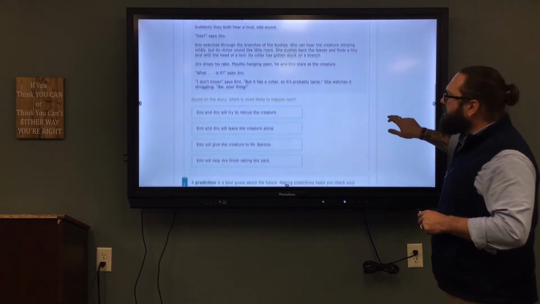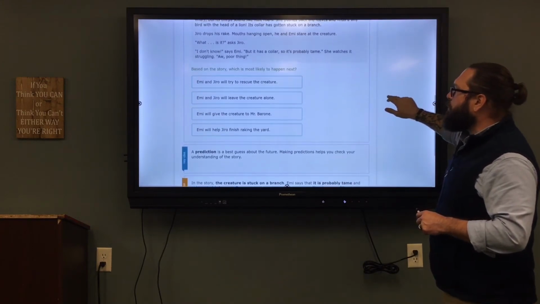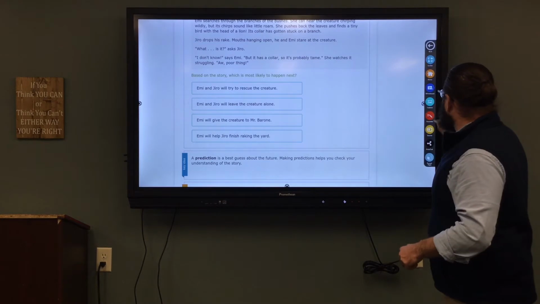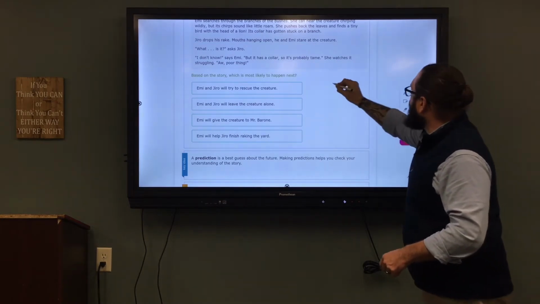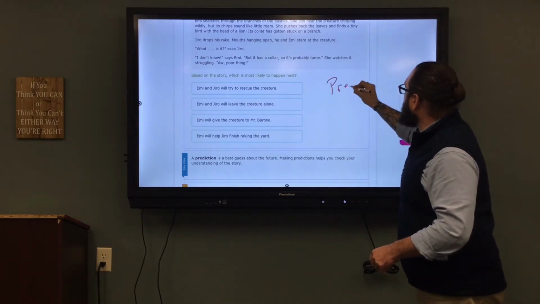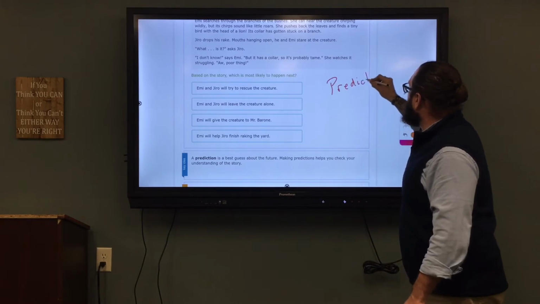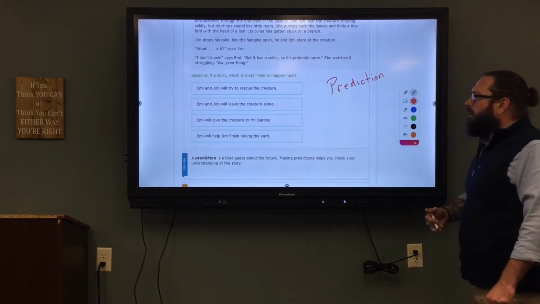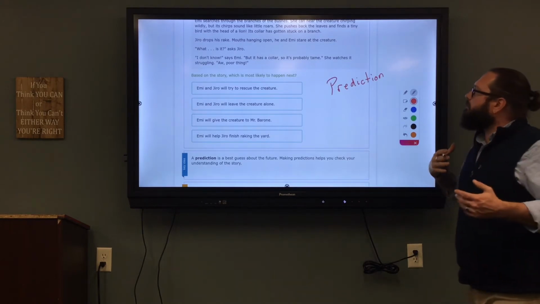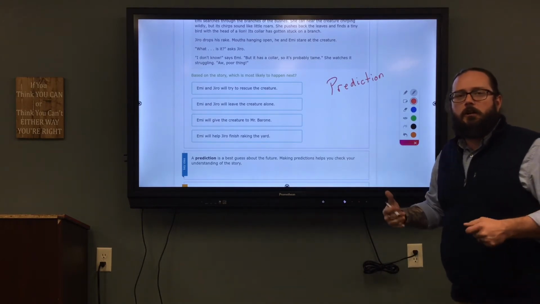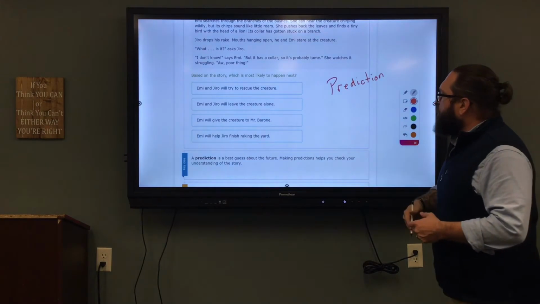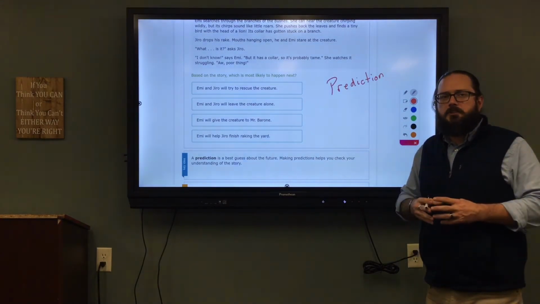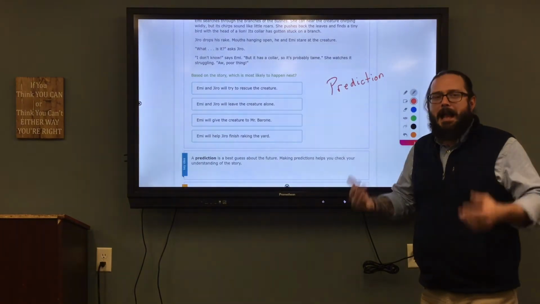Well, in this example, what we are asked to do is to make a prediction. A prediction is an educated guess of something that is going to occur in the future. When we make a prediction while we are reading, we're asking the question, what is going to happen?